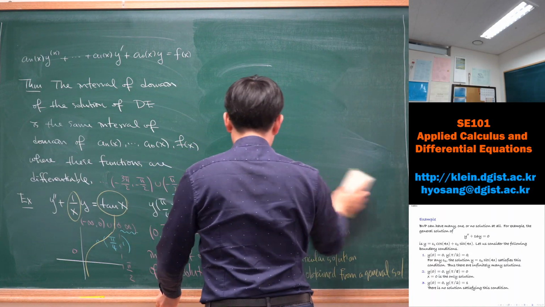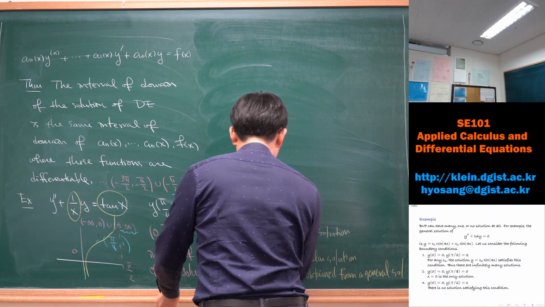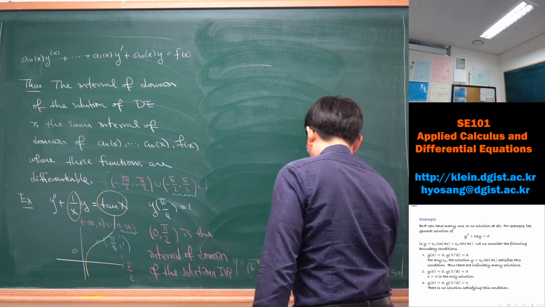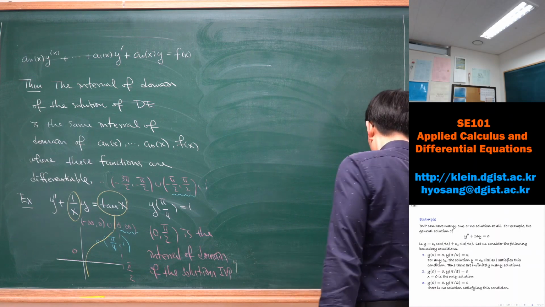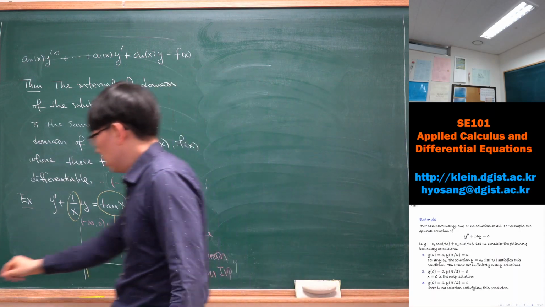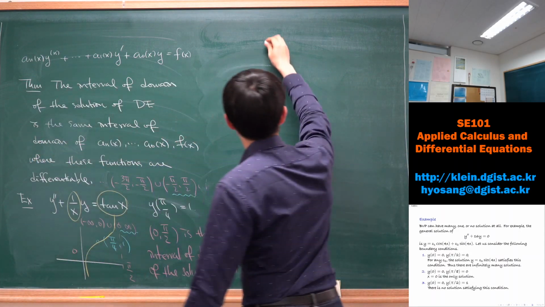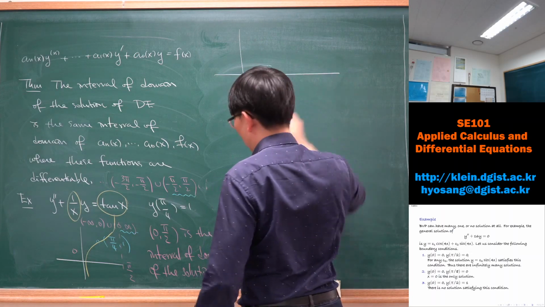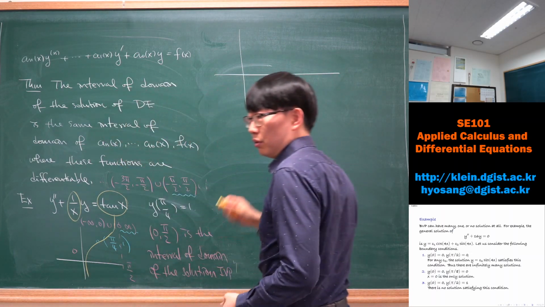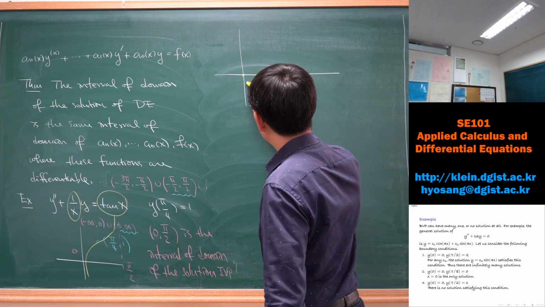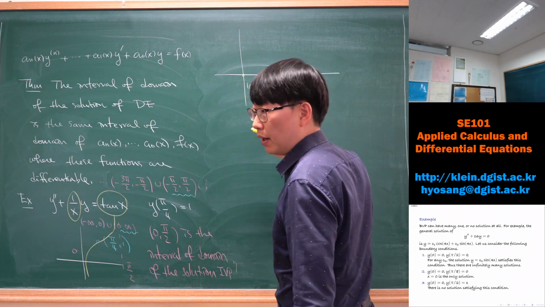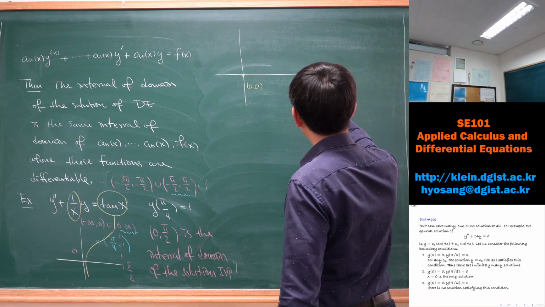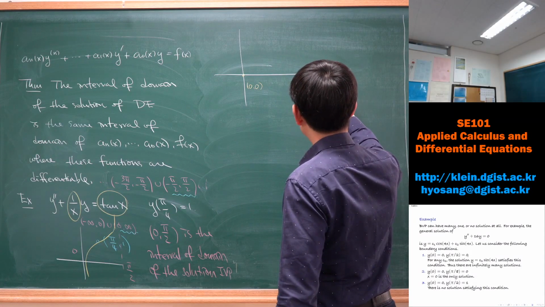All three conditions measure the value of y at x equals 0 and x equals pi over 2. Now the first one tells you that I want my solution to pass through (0, 0) and (pi over 2, 0).